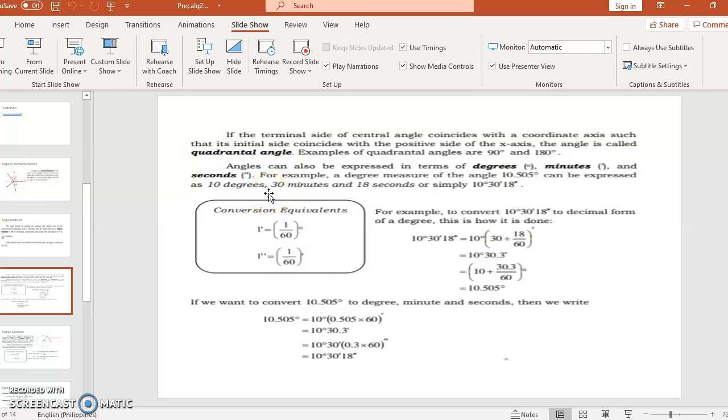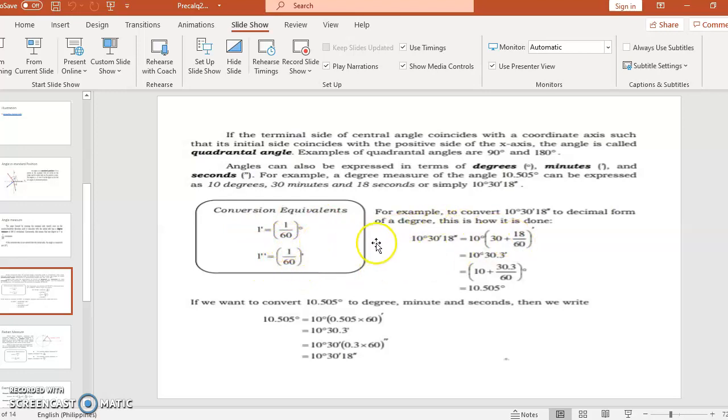Now, angles can also be expressed in terms of degrees, minutes, and seconds. So, for example, a degree measure of the angle 10.505 degrees can be expressed as 10 degrees, 30 minutes, and 18 seconds. So, here is our conversion equivalent.